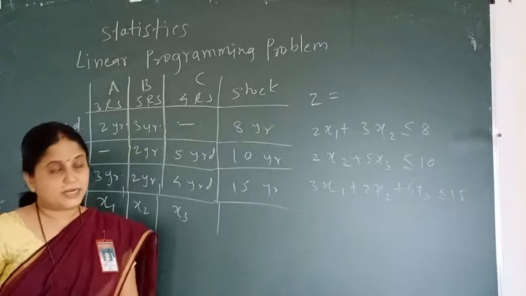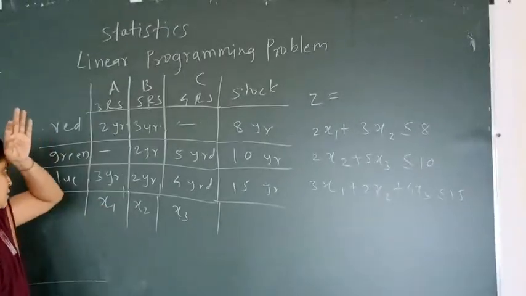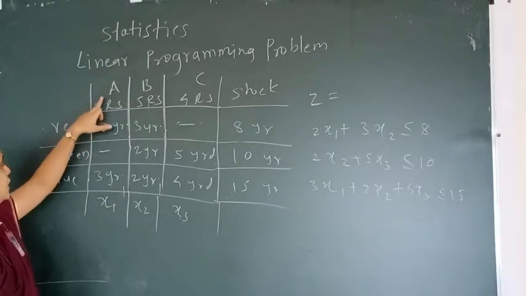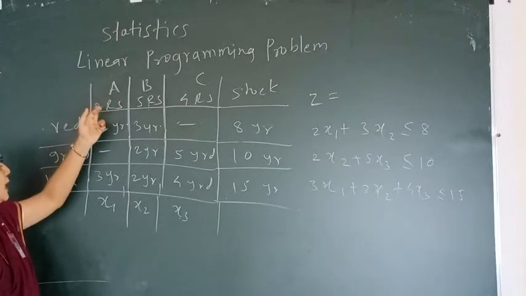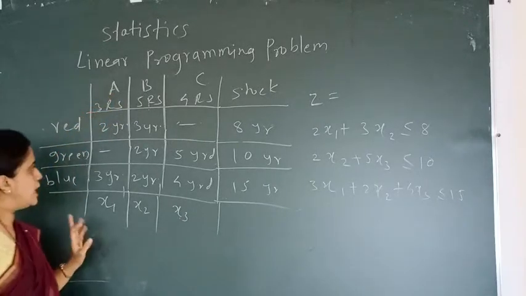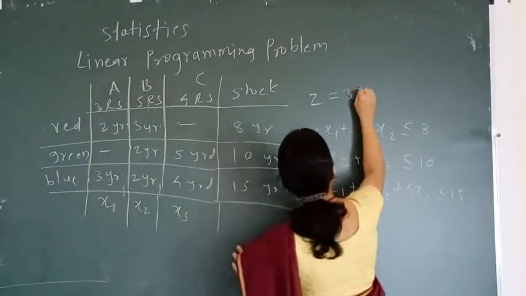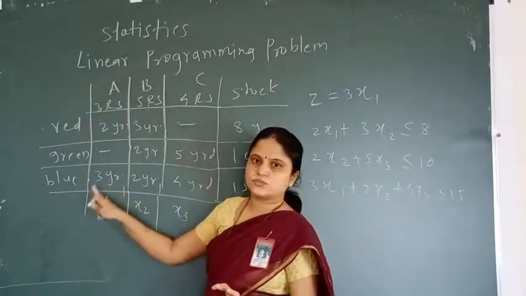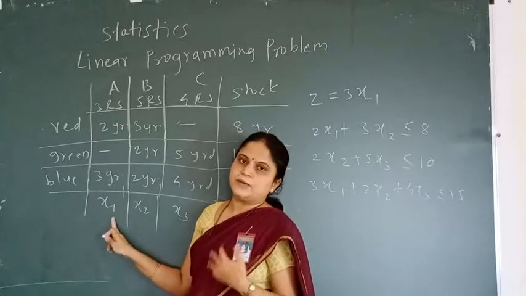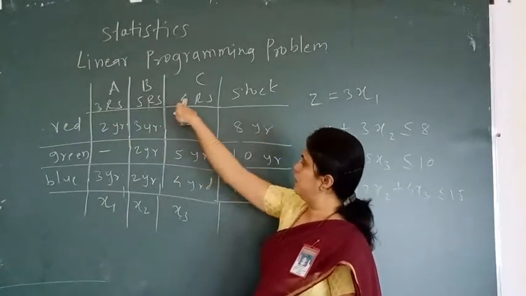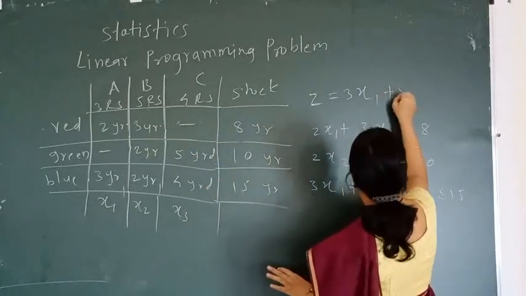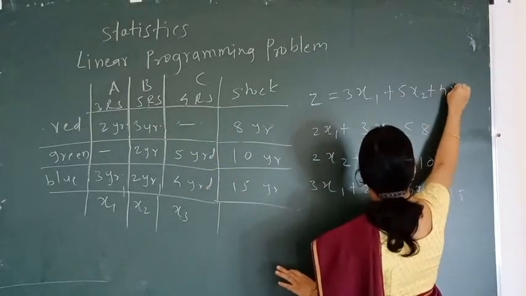So maximum Z is equal to, since suppose I sold 1 unit of A cloth, I get 3 rupees. That means I have the term 3x1. Okay, so x1 is the quantity which I produced of A. Then 5x2 plus 4x3.